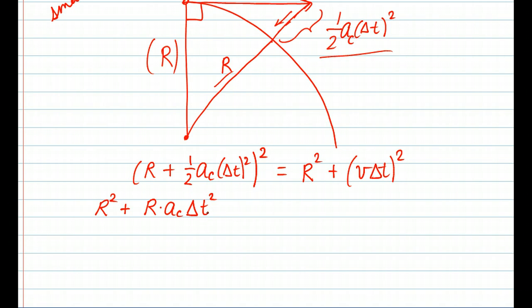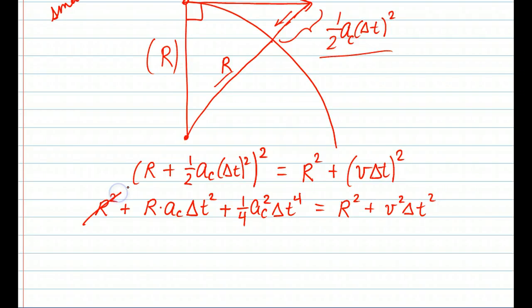That takes care of both of the middle terms, and then I'll have 1/4 a_c squared delta t to the 4th. I think that works. And then over on the right side, I'm going to have r squared plus v squared delta t squared. I will just distribute that.